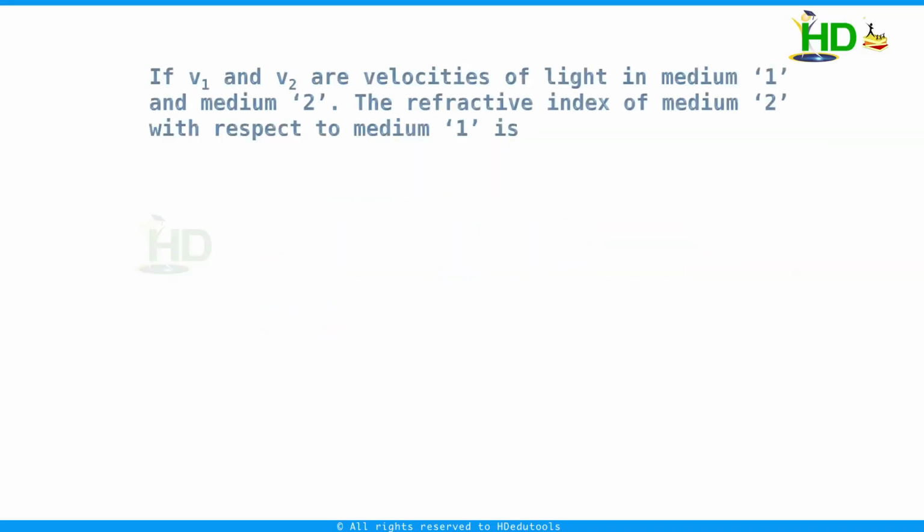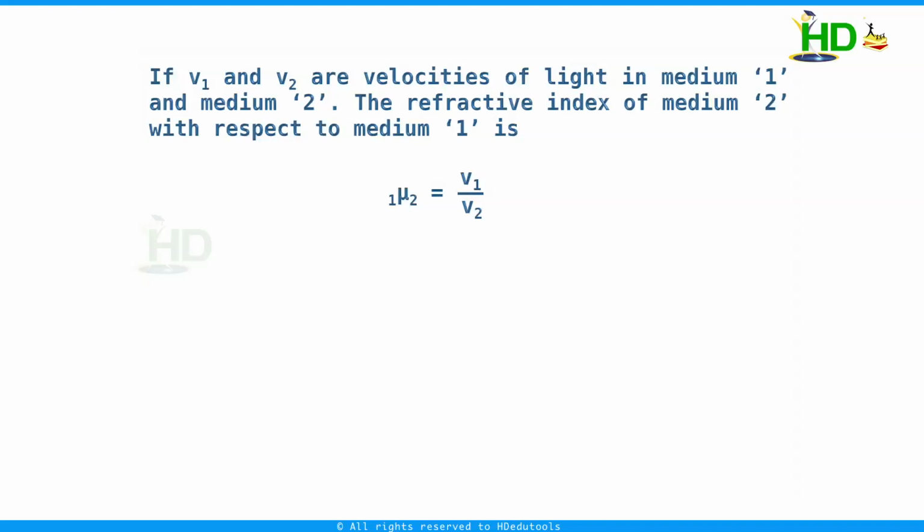If V1 and V2 are the velocities of light in medium 1 and medium 2, the refractive index of medium 2 with respect to medium 1 is mu21. This is the refractive index of the second medium with respect to the first, and it is equal to V1 by V2.